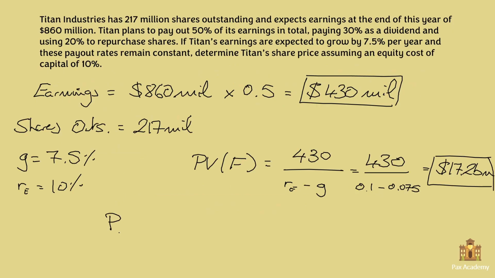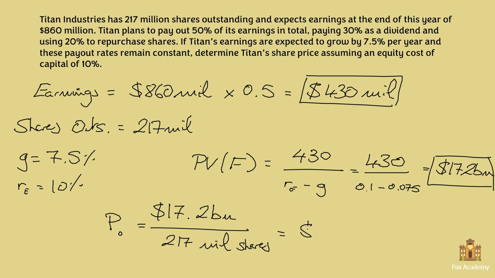P0, the share price, is equal to the present value we just calculated, 17.2 billion, over the shares outstanding, 217 million shares. If you plug this into your calculator, you should get that the share price is $79.26 per share.